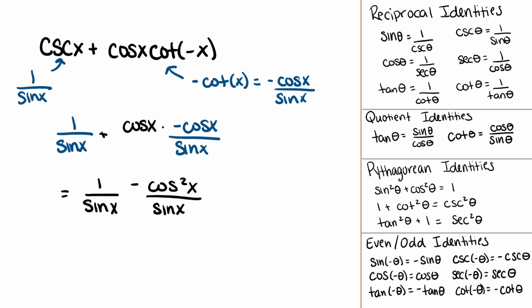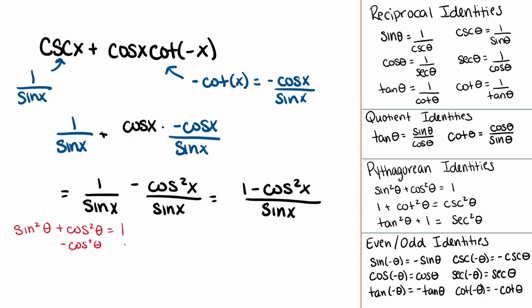These two have the same denominator, so we can subtract these. We can write this as 1 minus cosine squared x over sine x. And our numerator is 1 minus cosine squared x. So now if we take our Pythagorean identity and subtract cosine squared from both sides, we get sine squared theta equals 1 minus cosine squared theta.